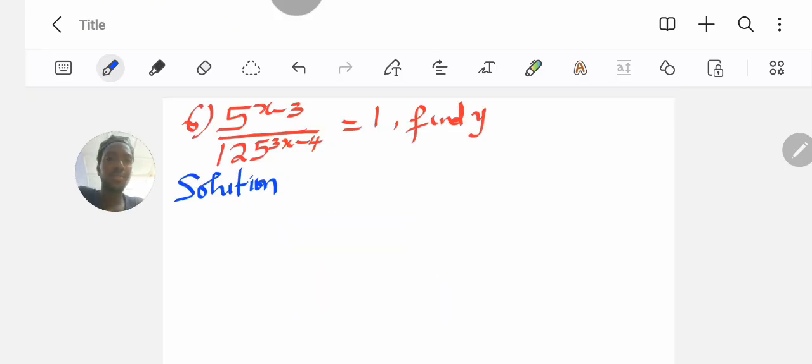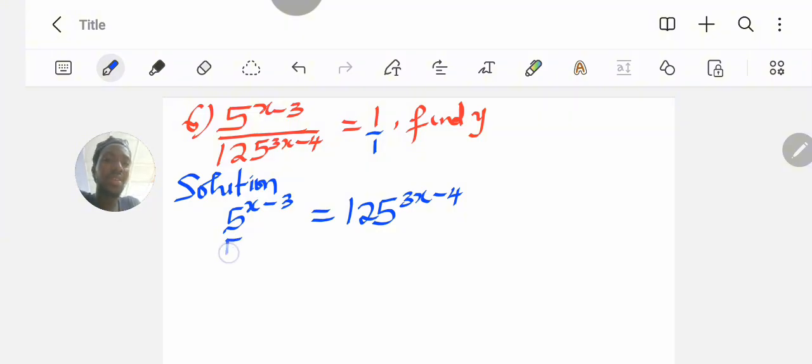All right, so question 6. This is pretty easy. So if we are going to solve this, we have a lot of ways we can solve it. This question is the same as all over 1. If you cross multiply, that means what you have is 5 raised to the power of x minus 3 equals 125 raised to the power of 3x minus 4.